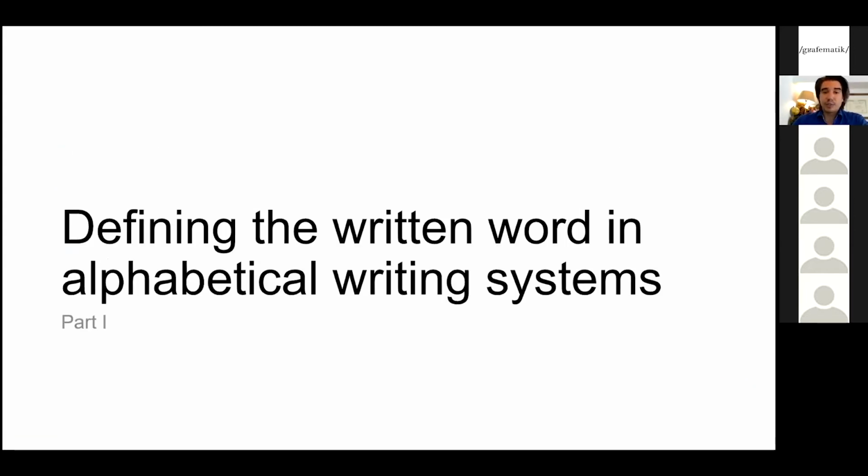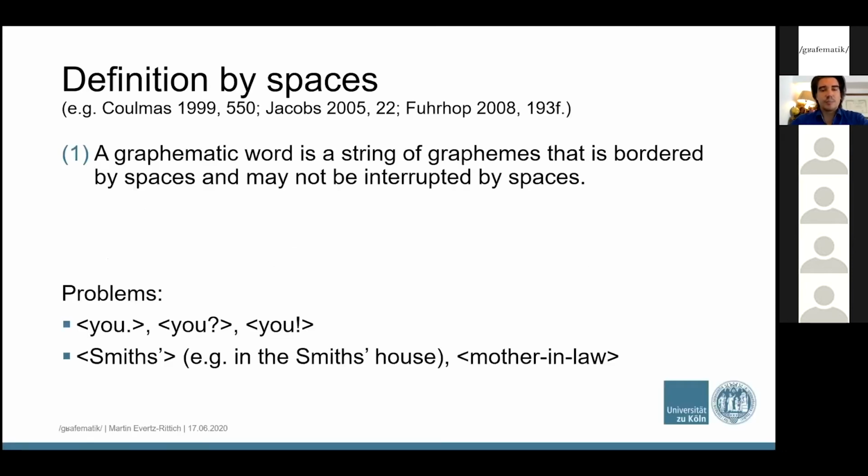Now, defining the written word in alphabetical writing systems, you are probably familiar with definitions like in 1. These are the most common types of definition. They go like this. A graphematic word is a string of graphemes that is bordered by spaces and may not be interrupted by spaces. However, although this definition is quite common, we run into some problems.